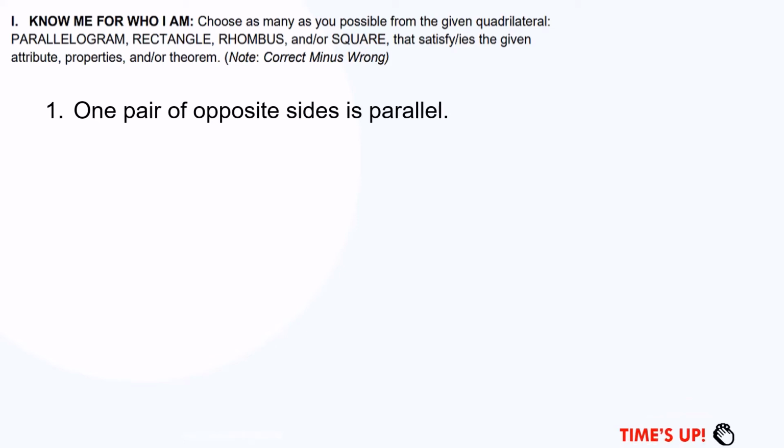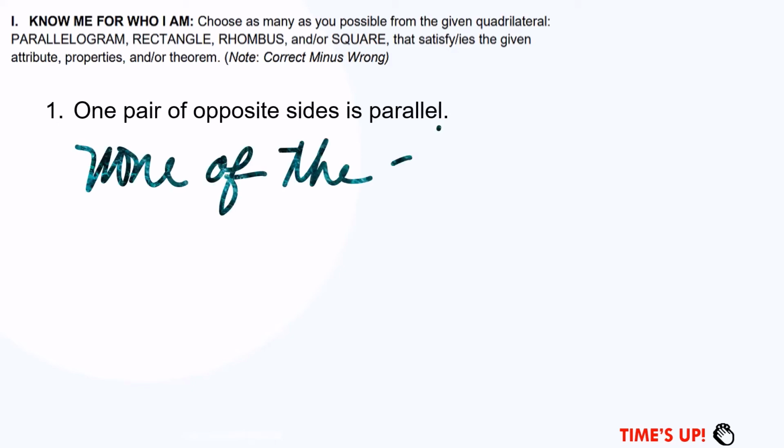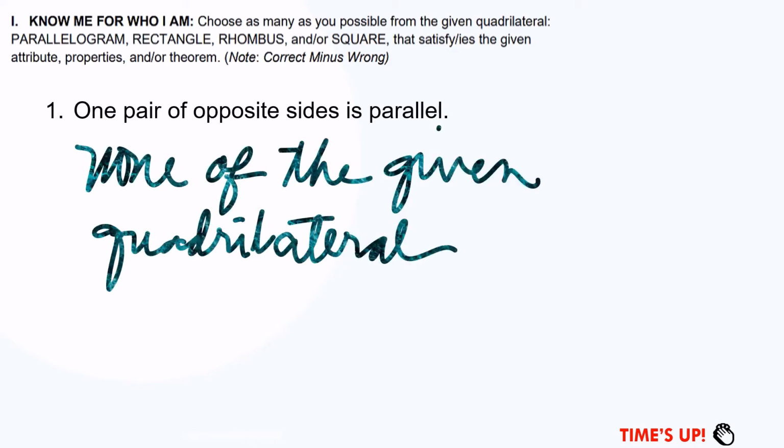Alright, the correct answer is none of the given quadrilaterals, because each given quadrilateral, the parallelogram, the rectangle, the rhombus, and the square, have two pairs of opposite sides that are parallel, not one pair.